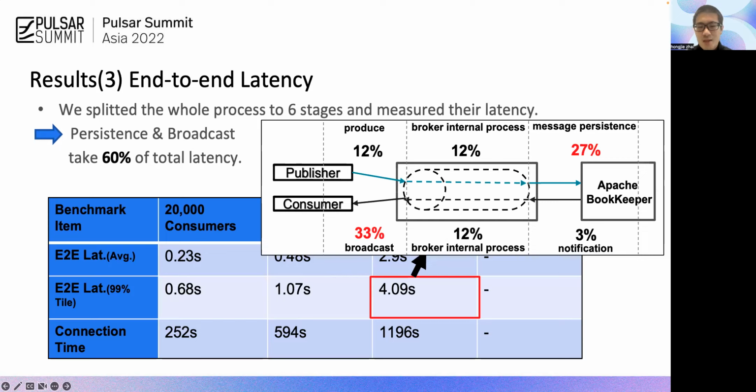So this is the broadcast stage. As you can see here, message persistence takes about 27%, and the broadcast takes about 33% of the total latency. So we will focus on improving these 2 stages in the following slides.